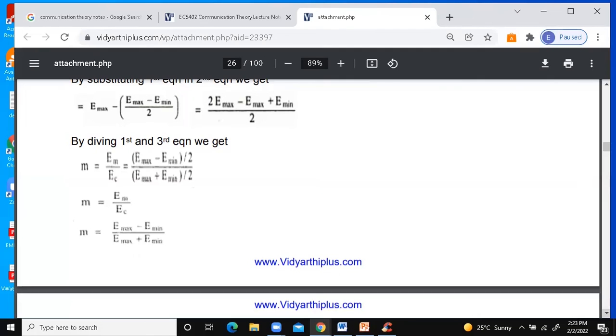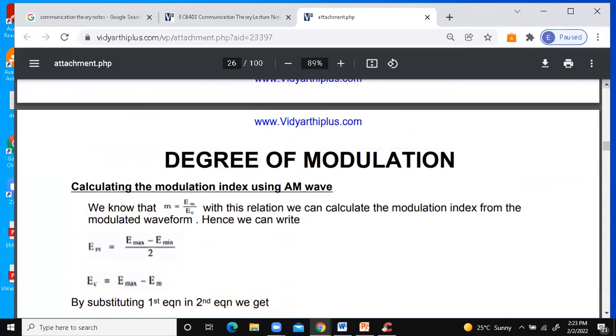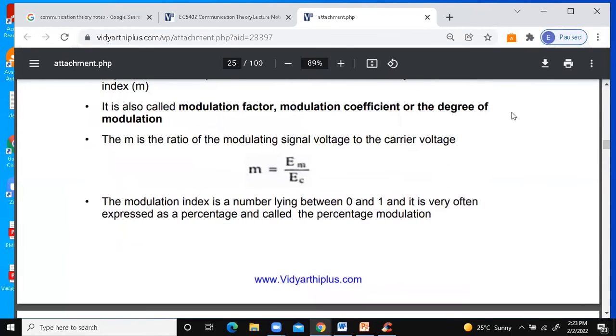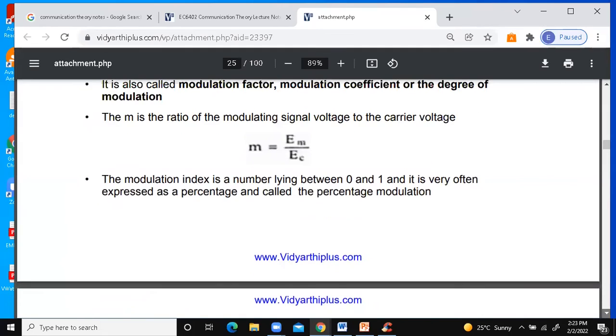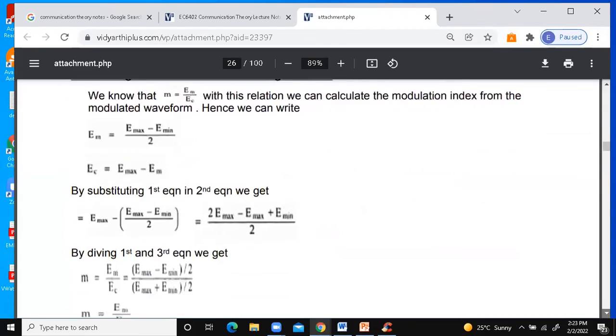So these are some of the things that you could be asked to calculate. Depending on what you are given, you may be required to calculate them.